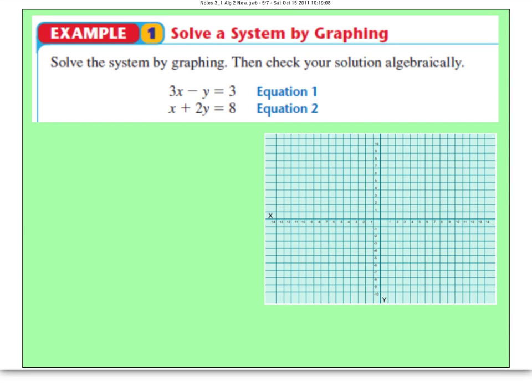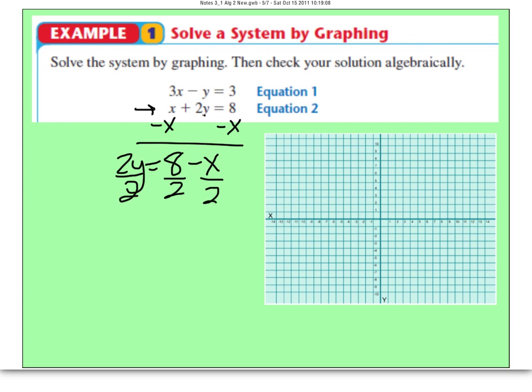Let's look at this one for graphing. Here it's not in y equals mx plus b form, so I'm going to have to do that for both equations. I'm going to start with the second one. To get y by itself, I'm going to subtract x. So I'll have 2y equals 8 minus x. Then I'm going to divide both sides by 2. So this equation is y equals 4 minus 1/2 x.